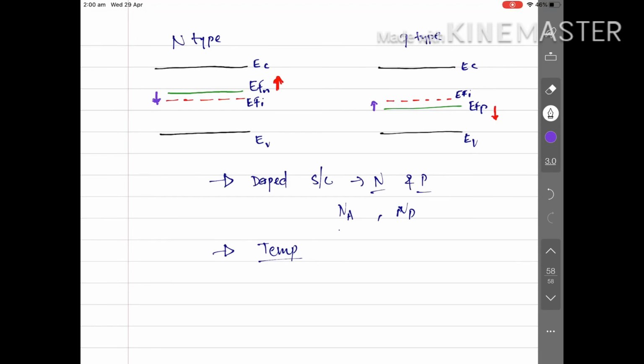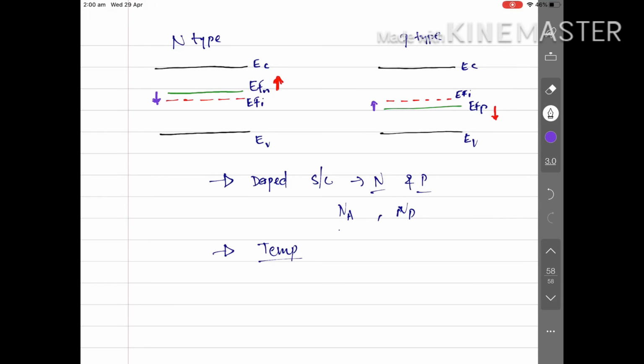Similarly, in case of this p-type material, when we increase the temperature, this Fermi level EFP moves towards the intrinsic Fermi level. So in one case, when we dope the n-type or p-type material, the Fermi levels move away from each other, so there is a huge gap between the Fermi levels of n-type and p-type material.